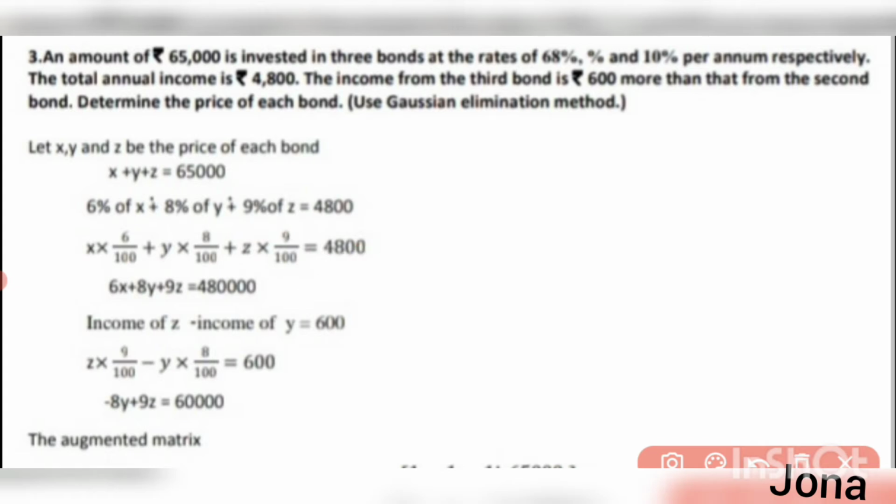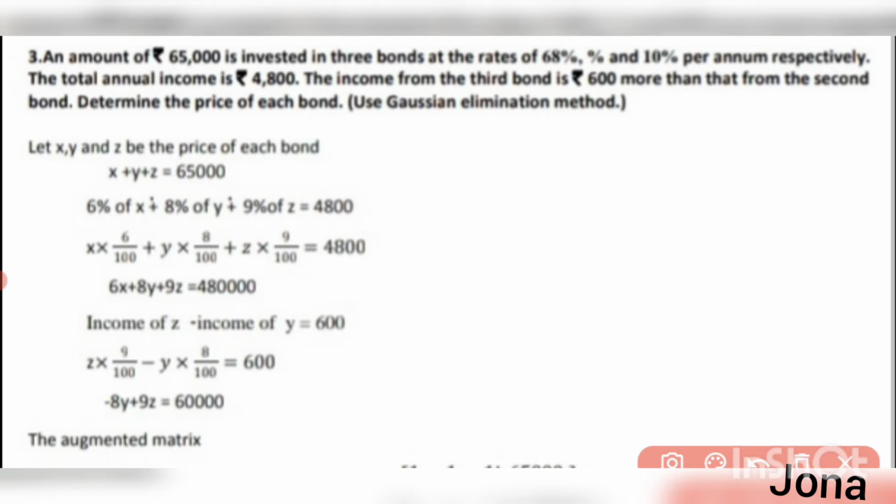And then we have the next statement here. The income from the third bond is 600 rupees more than that from the second bond. That means the difference between the third bond and the second bond income is 600 rupees. So I can write this as income of z minus income of y equal to 600.